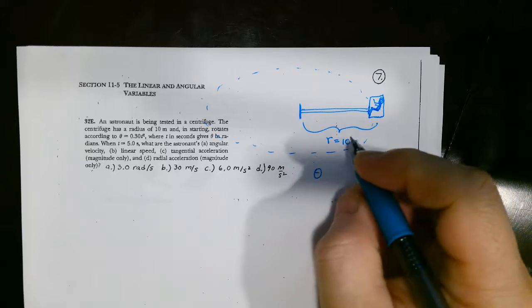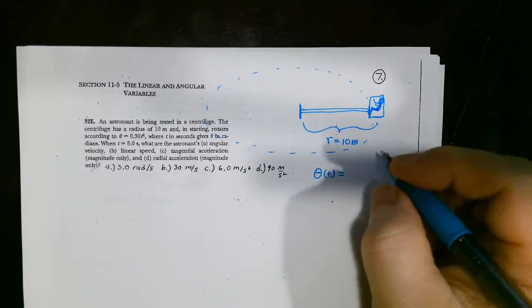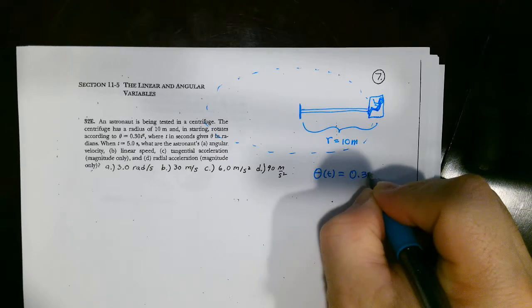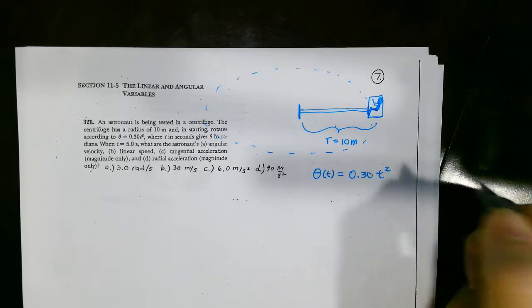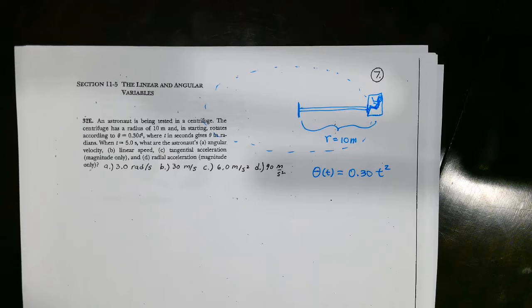So here, this is the radius, which is 10 meters, and this thing is gonna be going around in a circle. The angular position function of time happens to be theta equals 0.30 t squared, where theta is in radians and t is in seconds.